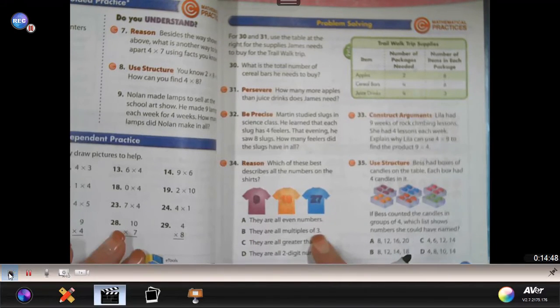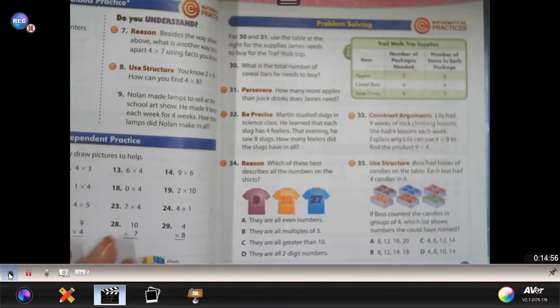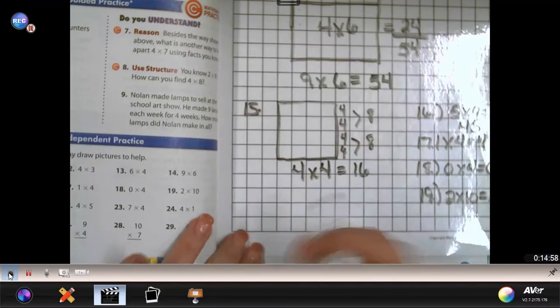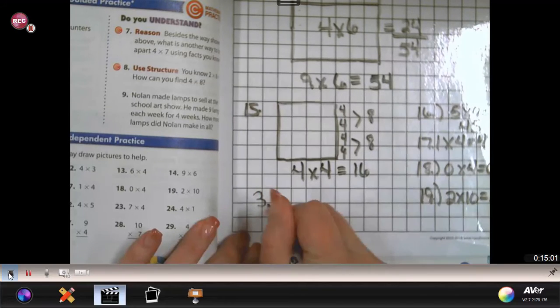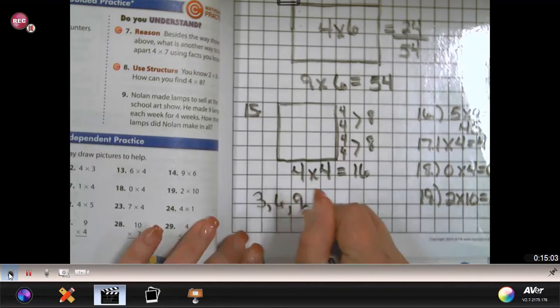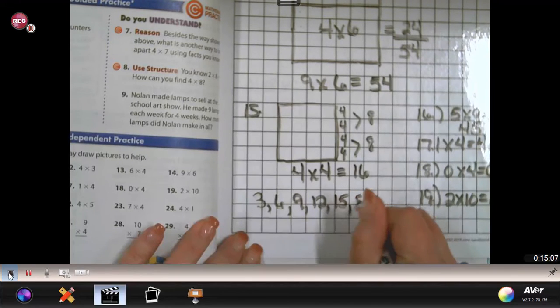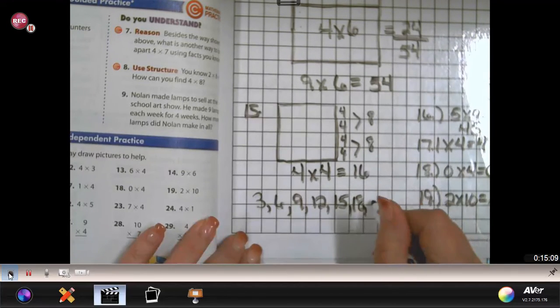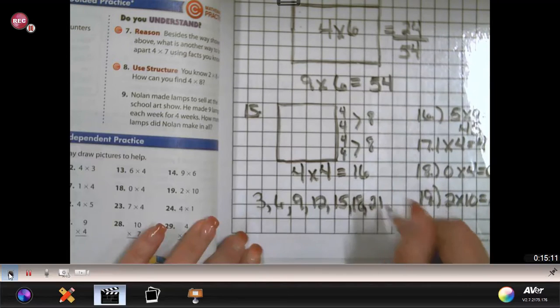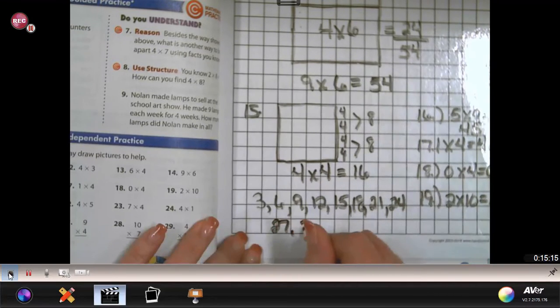Well, that's a possibility. If we were to count by 3s, would we have 9, 18, and 27 as our multiples? Well, we could check. So we could say 3, 6, 9, 12, 15, 18, we have 21, 24, 27, 30, 33.